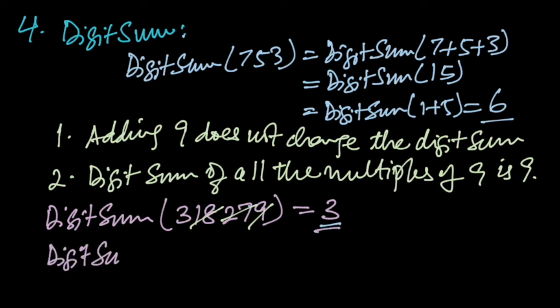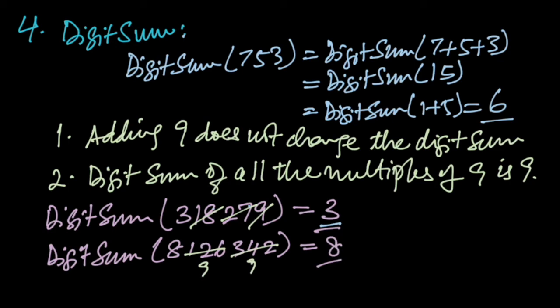Let's do one more example. 8, 1, 2, 6, 3, 4, 2. So 1, 2, 6 make 9, so we can ignore it. And then 3, 4 and 2 make 9, so we can ignore that as well. So we will be left with only 8. Now let's do the test.